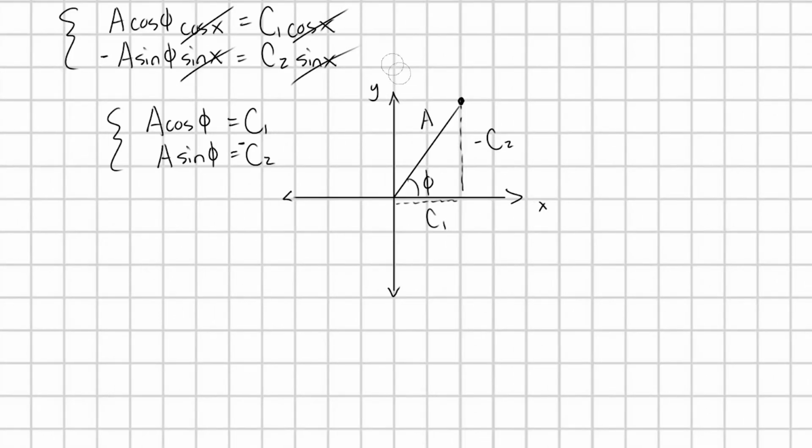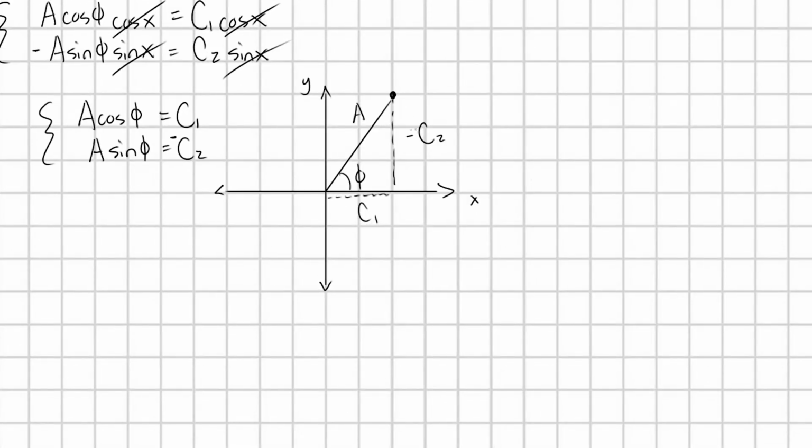This picture here immediately tells us how A, phi, C1, and C2 are all related to each other. In other words, if we just always have this picture in our mind, we can immediately come up with these equations here on the left, right?